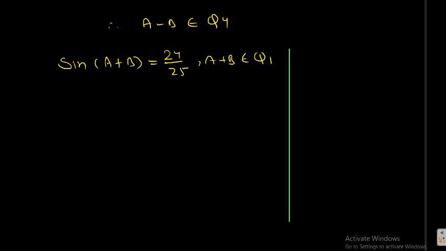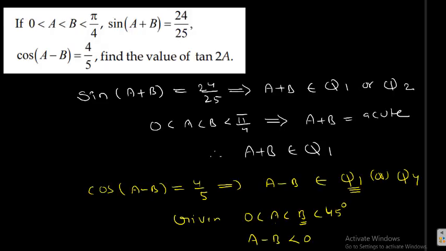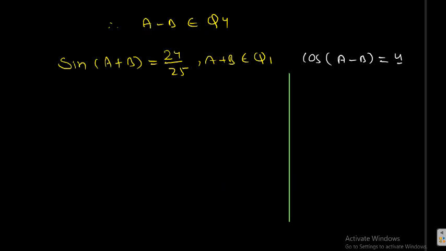Okay, cos of A minus B equal to, what is the value? 4 by 5. And A minus B belongs to Q4.